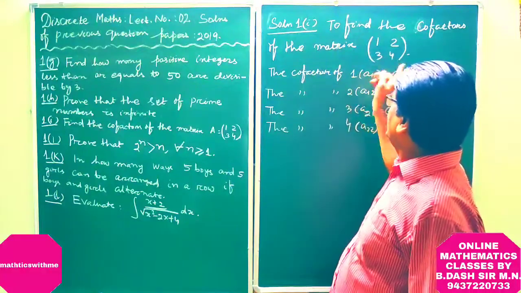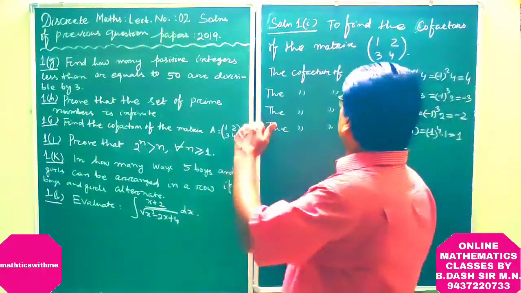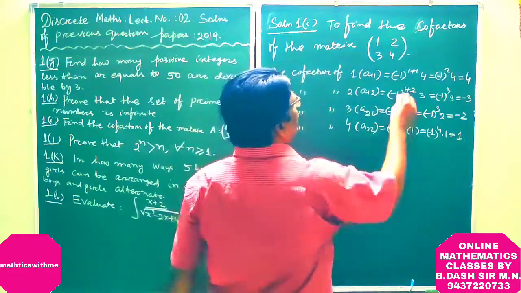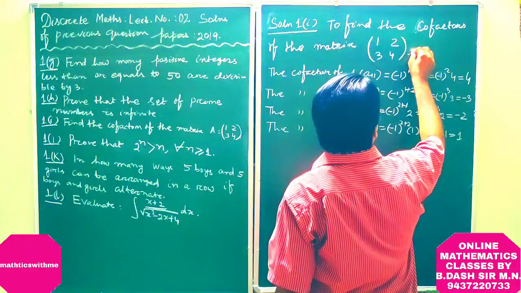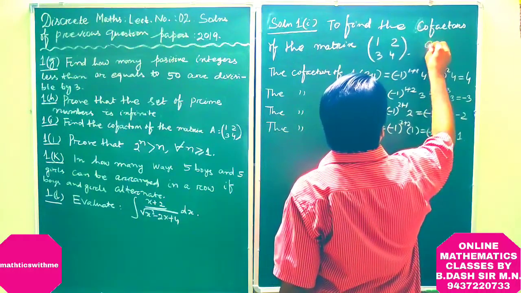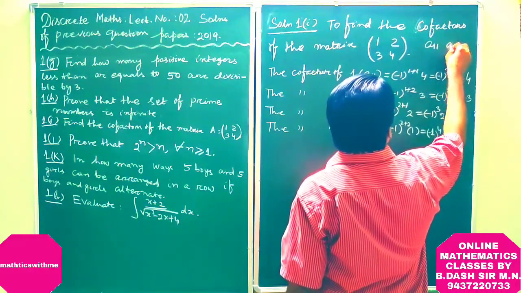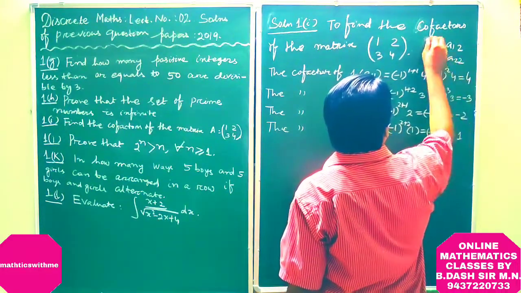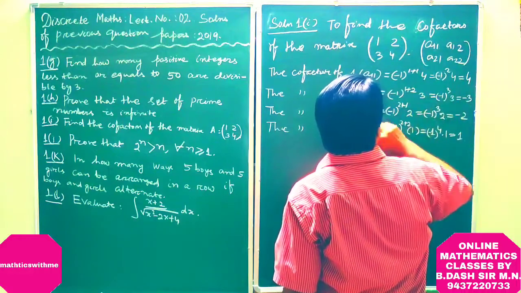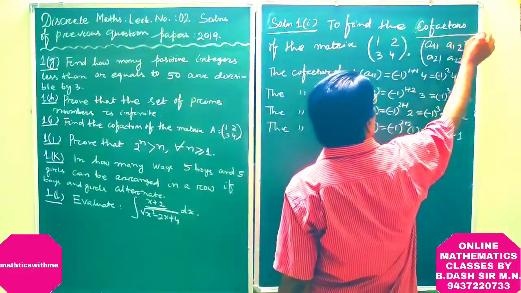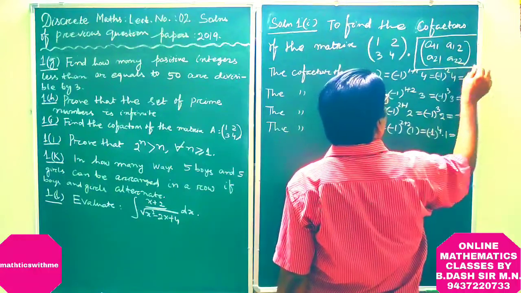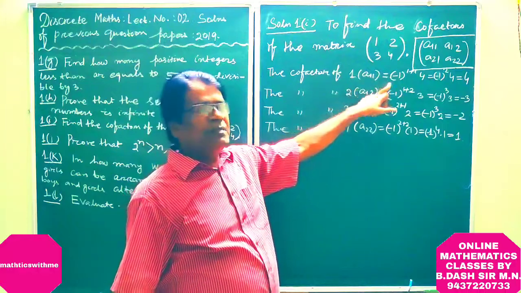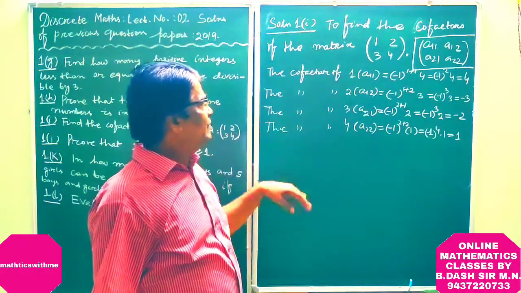Here we have to find the cofactors of the matrix. Now the cofactor of 1, that is A11, because this matrix is of the type A11, A12, A21, A22. Then the cofactor of 1, that is A11, is minus 1 to the power 1 plus 1 into 4, which is 4.